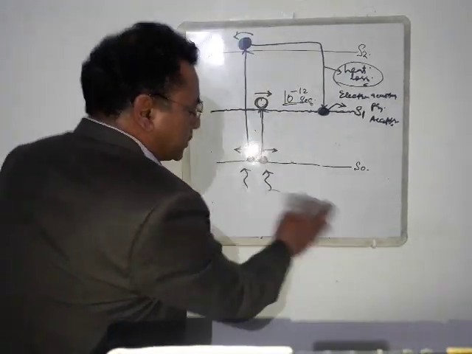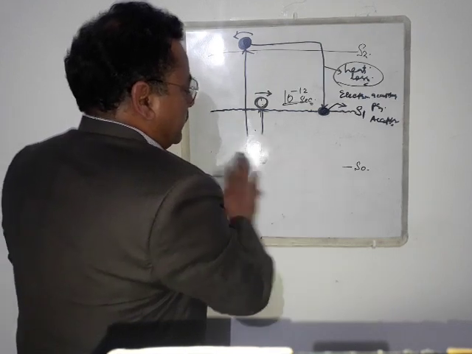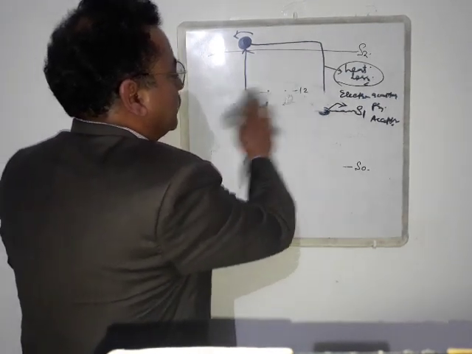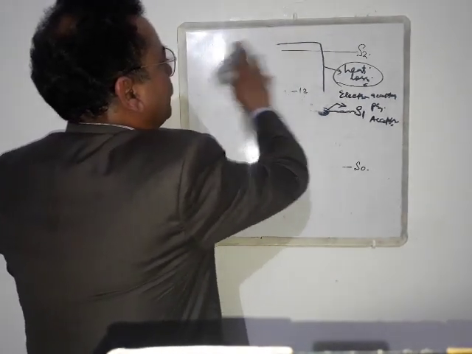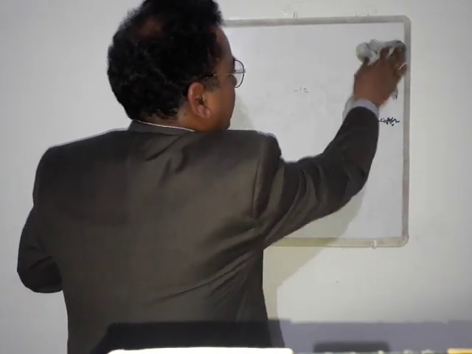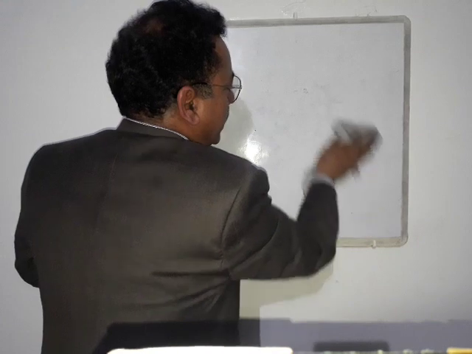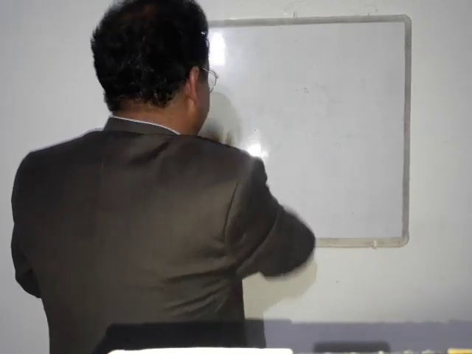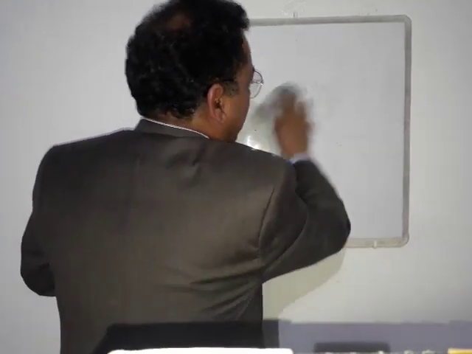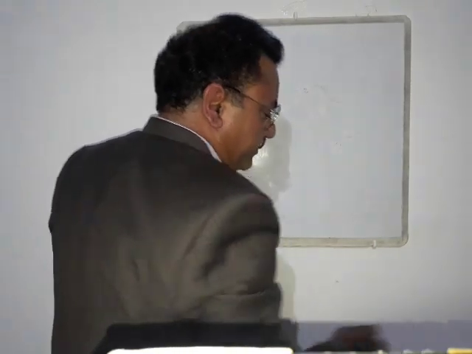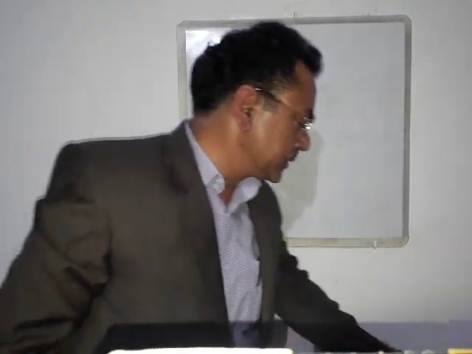I hope you have understood this phenomenon. So this was about the phosphorescence and fluorescence and the reason why the red light is most efficient light in the photosynthesis.